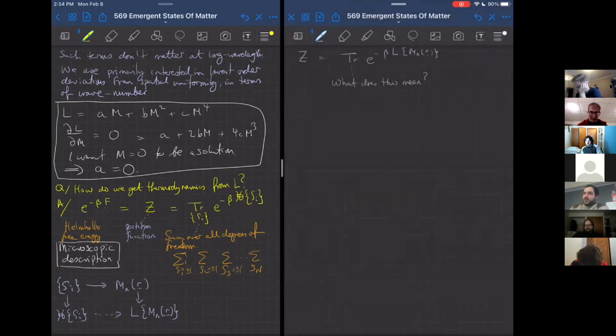Literally what it means is we have to sum over all possible degrees of freedom.